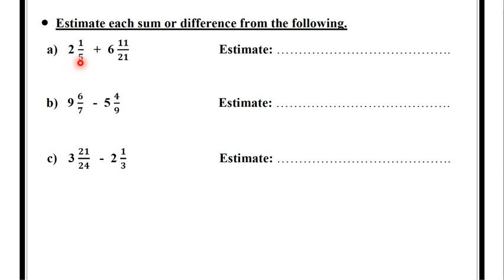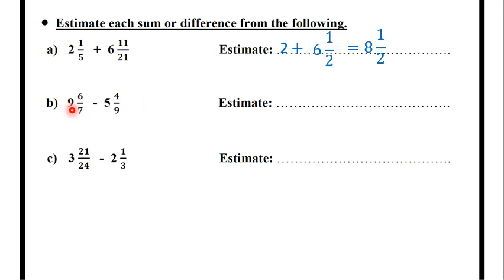So 2 plus 0 equals 2. Then make plus. Here we have the whole number 6 and 11/21, it is close to half. So I will write 6.5. Now 2 plus 6.5 will be 8.5.